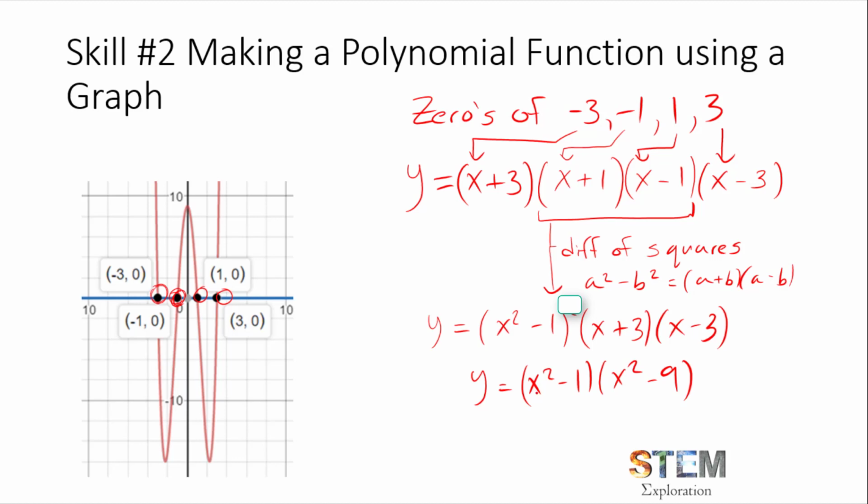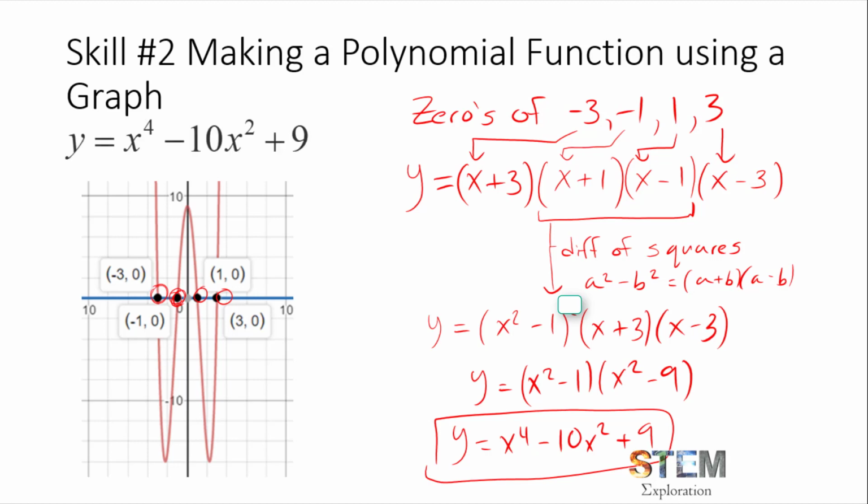And the reason I point this out now is that if we FOIL this, we FOIL the x squareds first and get x to the 4th. And 9x squared minus 1x squared would be negative 10x squared. And then negative 1 times negative 9 would be plus 9. And what I want to show you here is that I just made this polynomial equation to represent this line, and I want to show you the equation I actually plugged into Desmos to get this.